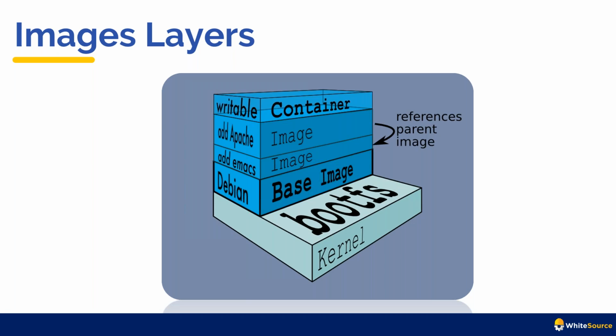It's sort of a lightweight OS, you can think of it like that. And then we have the actual application layers. Every line that I write within the Dockerfile is a layer of the image. And layers can reference the parent image, or they can reference other images within the Docker image.